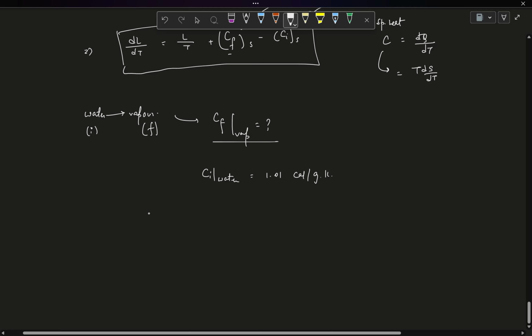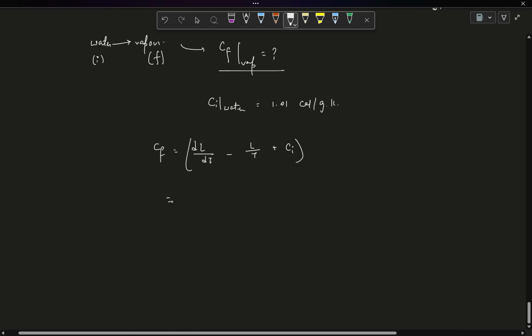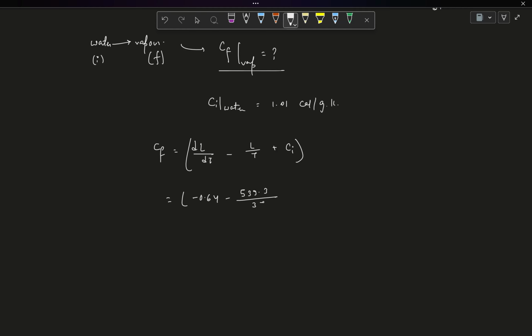So this makes it easier: your Cf is simply dL by dT minus L by T plus Ci, right? So your dL by dT is given in the question, that is 0.64 with the minus sign, minus L, which is simply 539.3, divided by T in Kelvin, which is 373 Kelvin, right?